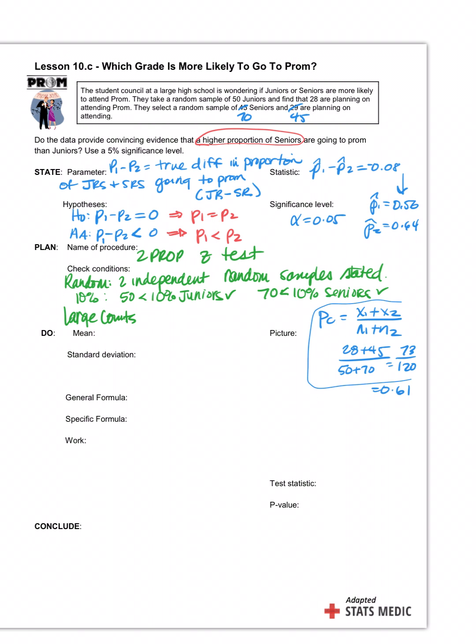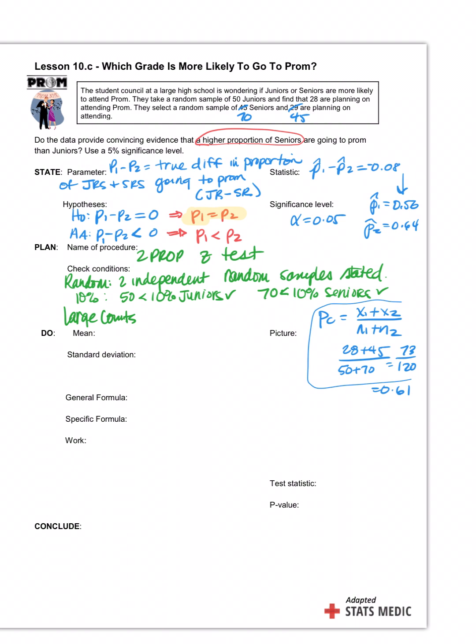Instead of using P1 and P2, we now have to check large counts using a pooled proportion. So what does that mean? Well, it's all because we make this assumption in our null that they are equal, right? So if they're equal, couldn't we just combine our samples and have a better indicator of the true proportion of students that go to prom?